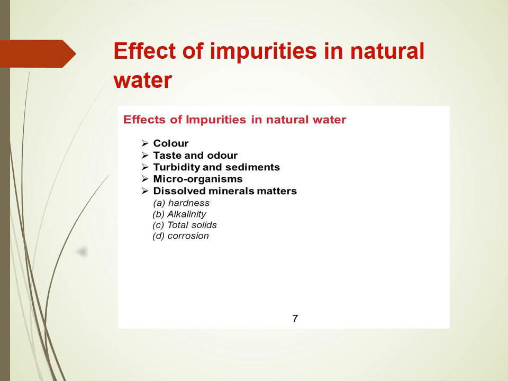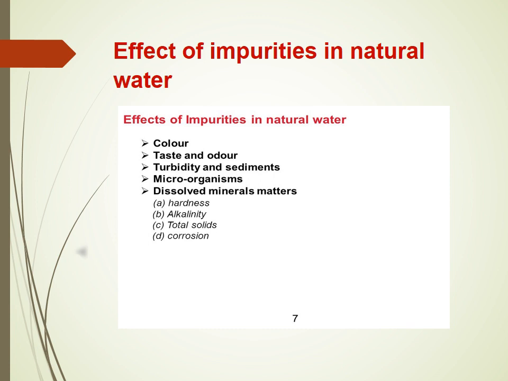Now, in general, for industrial use, we generally determine the presence of calcium, magnesium, sodium, potassium, bicarbonates, carbonates, hydroxides, chloride, sulfate, nitrate, fluoride, silica, iron, manganese, and the mineral acids.